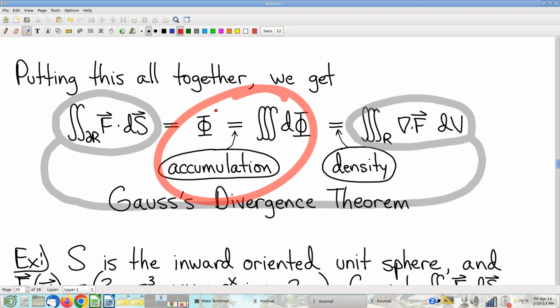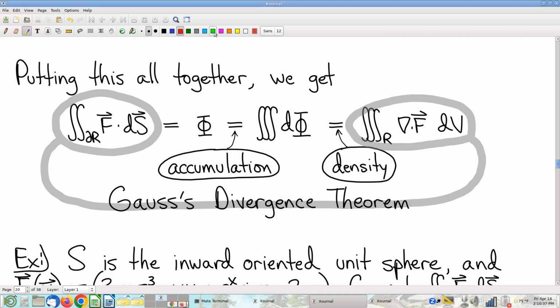The boundary flux for a whole solid is just a sum. That's all this triple integral symbol here means: add up, and then this d phi says all the boundary fluxes for all the little pieces that you've chopped your solid up into. So the whole is the sum of the parts, because it's an accumulating quantity.